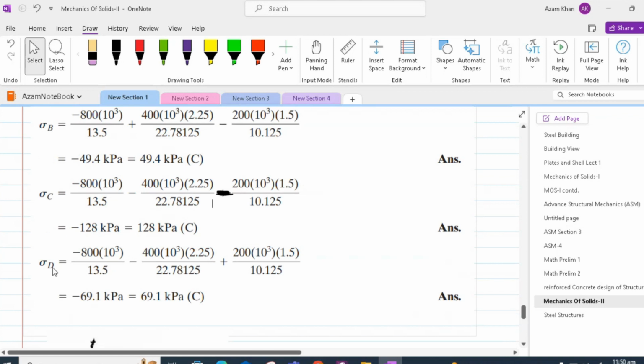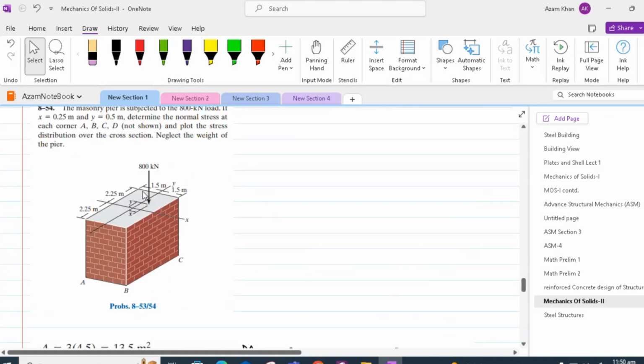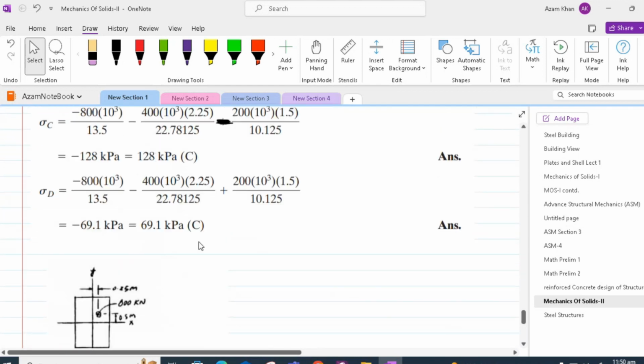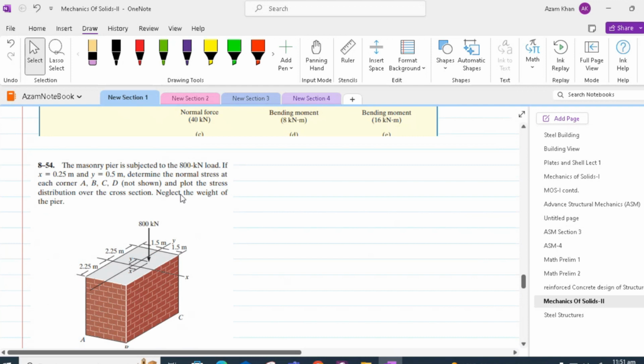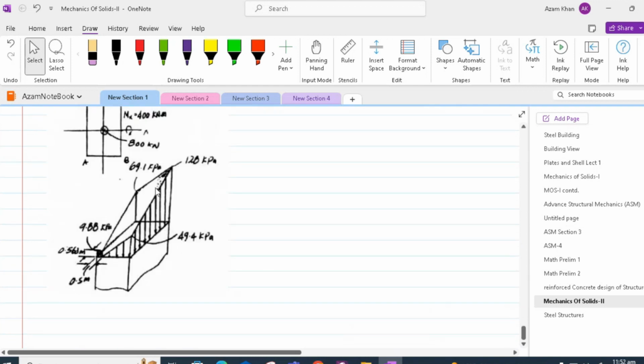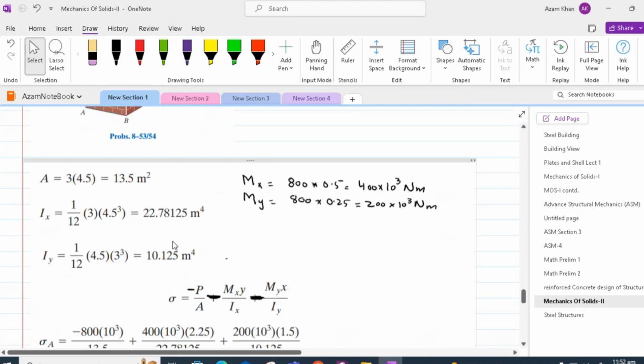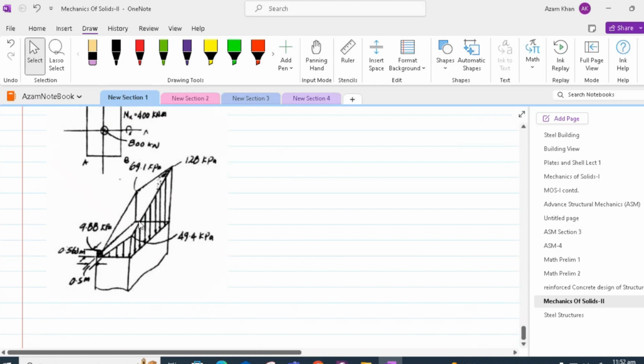Finally, sigma D would have y equal to plus 2.25 and x equal to minus 1.5, and that will give us 69.1 kilopascals in compression. Please note that we are asked to neglect the weight of the pier. The combined stress profile is shown in this figure. It is clear that the corners B, C, and D are in compression, whereas corner A is in tension.